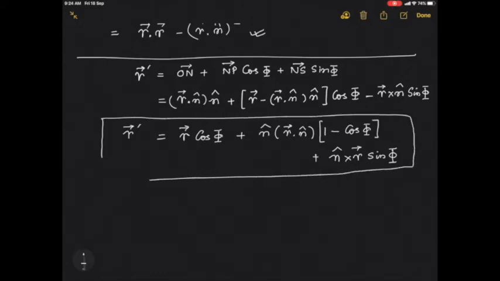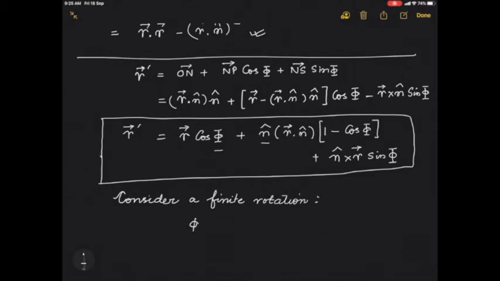Okay. So this is how a vector r changes in a finite rotation, and you see it's fairly complicated, if I write it in the sense of Euler's theorem, in terms of the direction of the rotation n cap and the angle of rotation phi. This becomes a little simpler if I consider an infinitesimal rotation, not a finite rotation.